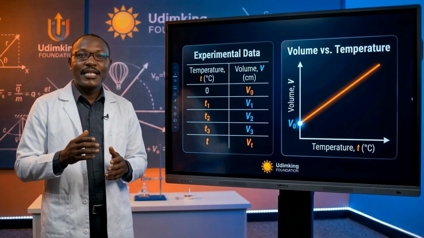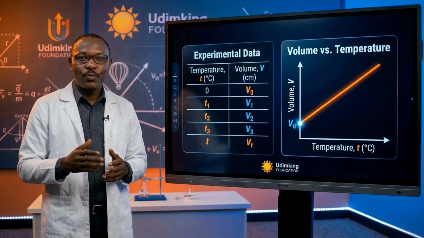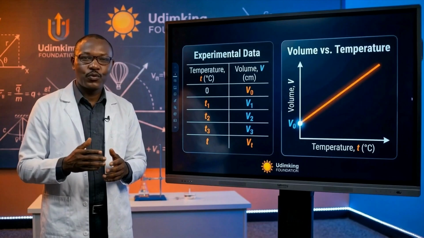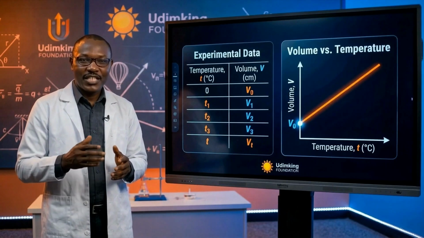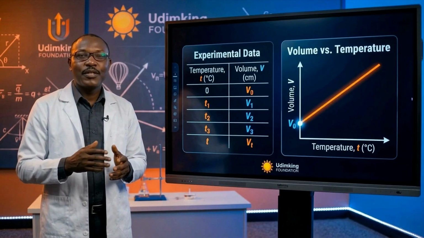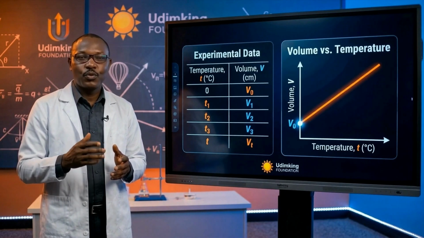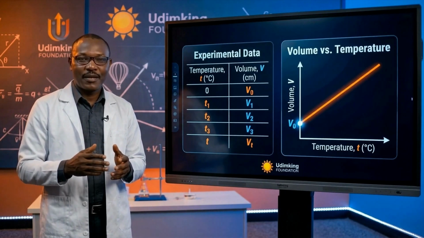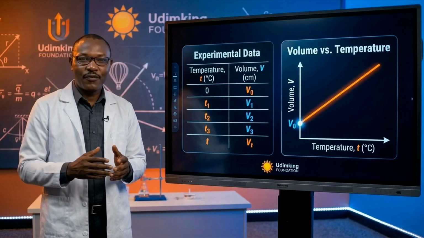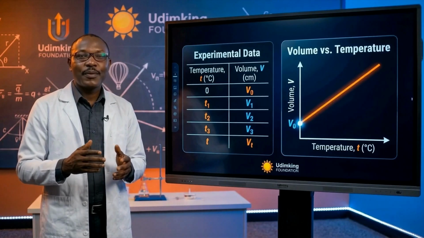At 0 degrees Celsius, our initial volume is V subscript 0. As the temperature rises to T1, the volume becomes V1. At T2, it becomes V2, matching every temperature step perfectly until it reaches our final volume, V subscript T.